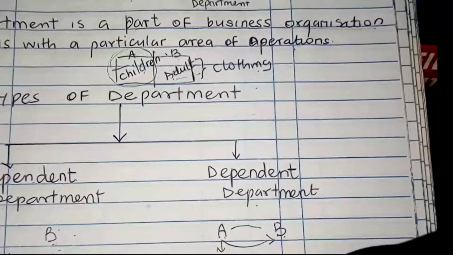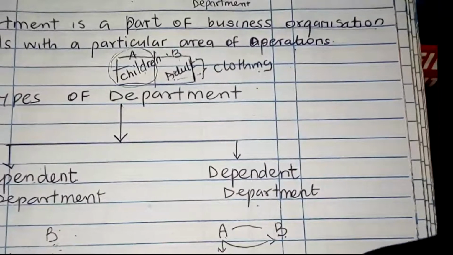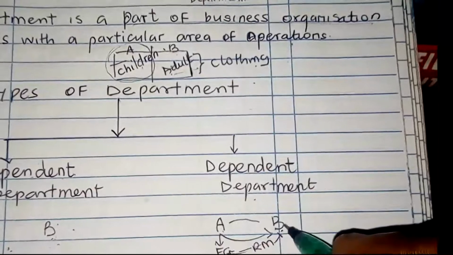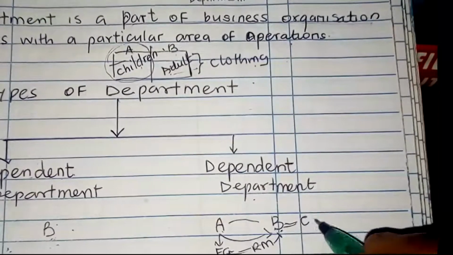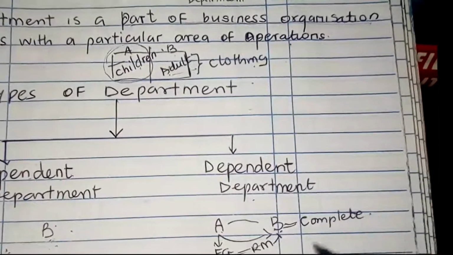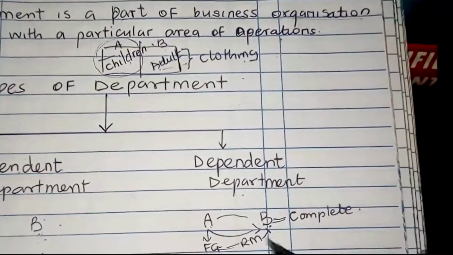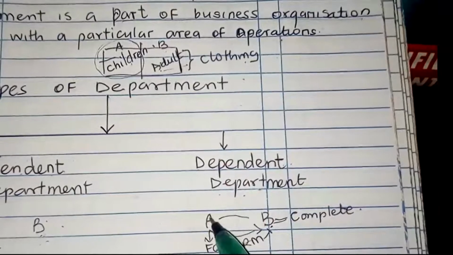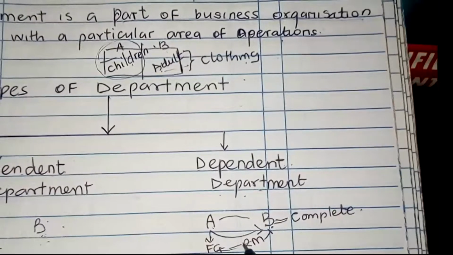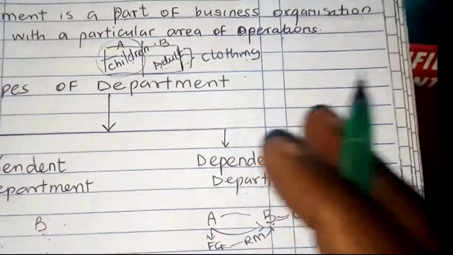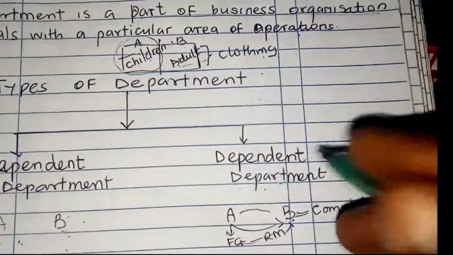Number three, the gross profits and net profits of each department can be ascertained. Number four, it helps to assess the performance of each departmental manager. We know the manager that is doing his job. That is another advantage.